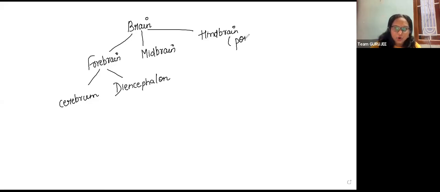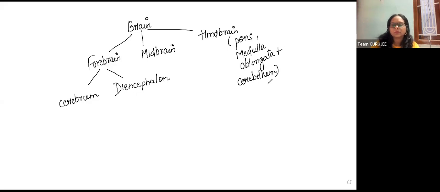It is the pons, medulla oblongata, and cerebellum.